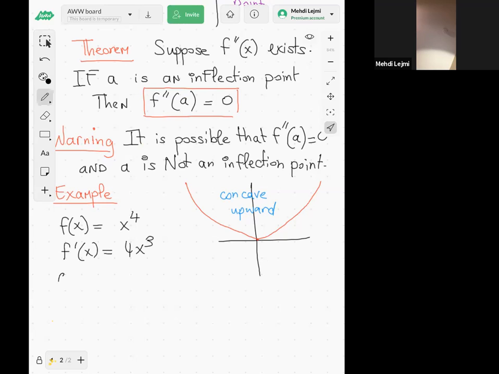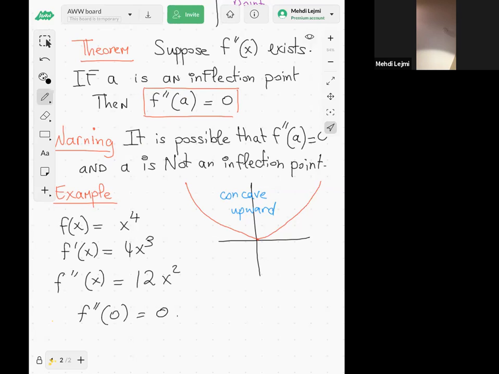The second derivative would be 12x squared, right? Now, where does the second derivative vanish? Well, f second of 0 is of course 0. That's 12 times 0 squared, it's 0.